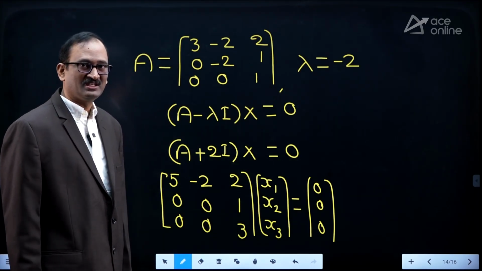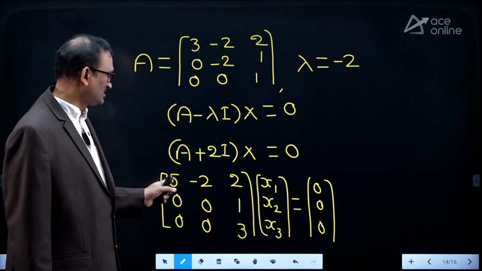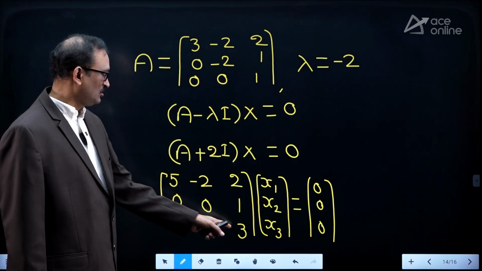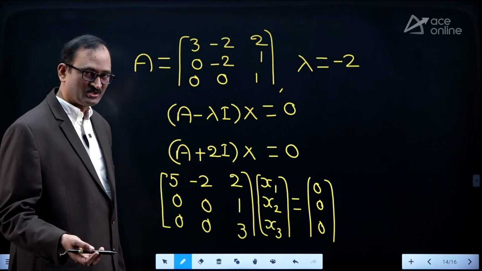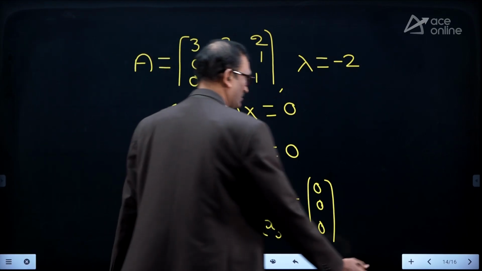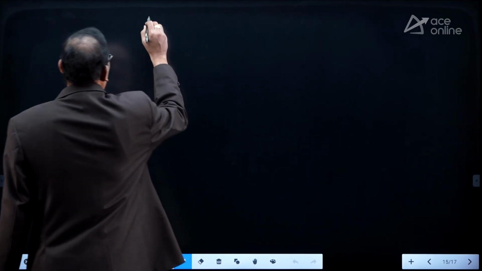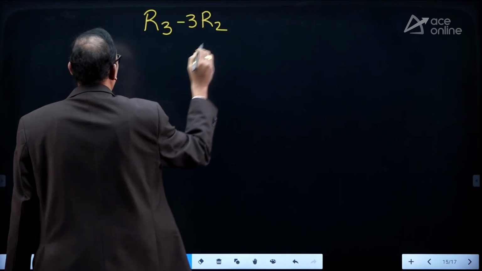Reduce this matrix to echelon form. To reduce this matrix to echelon form, first row, first element selected, below zeros. So in the last row we can make zeros. Make as many zero rows as possible. So third row minus 3 into second row.